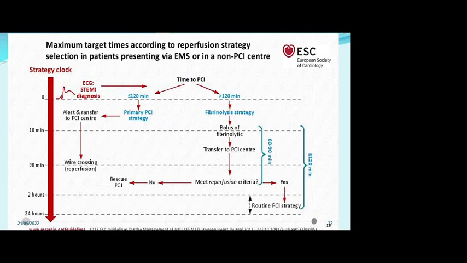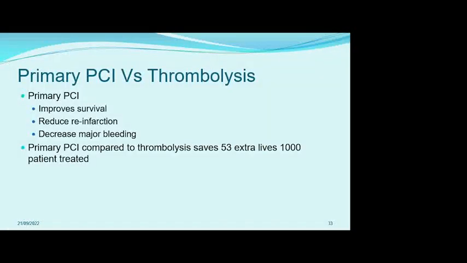If you are deciding on thrombolysis, it should be given within 30 minutes from admission. So diagnosis in 10 minutes, and within the next 20 minutes you should be able to give the thrombolysis without further delay, because as we know, time is very important.